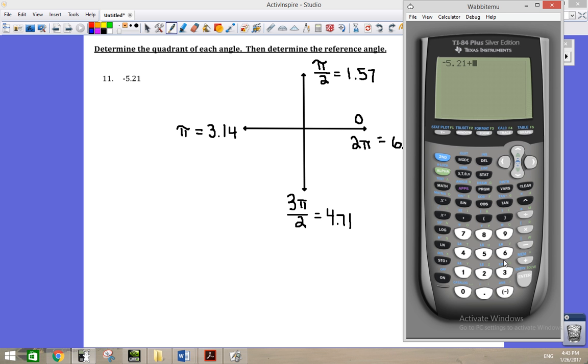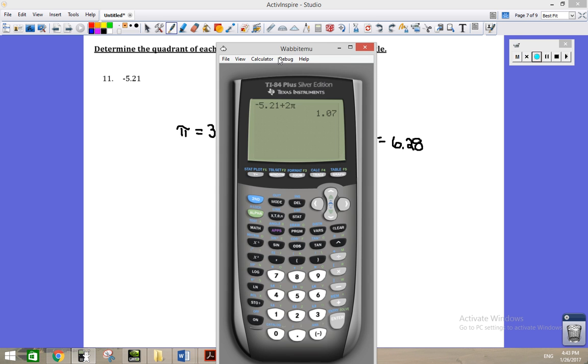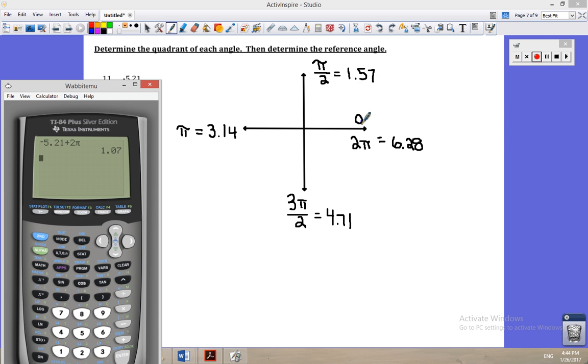So if I add 2 pi, I get a decimal number, and let's just round it to 2 decimals: 1.07. So 1.07 is bigger than 0 and smaller than 1.57.